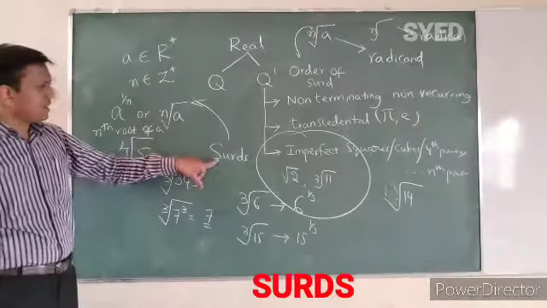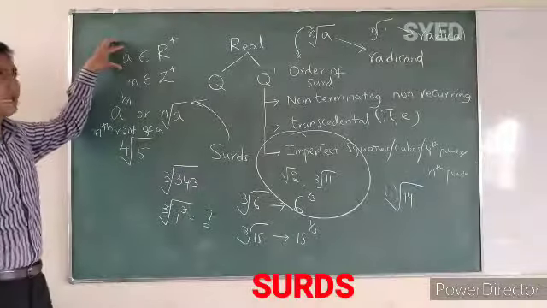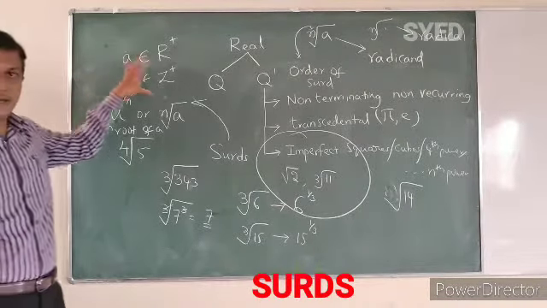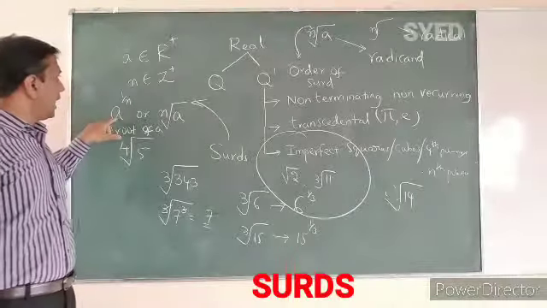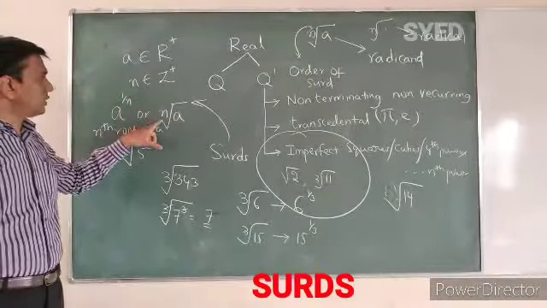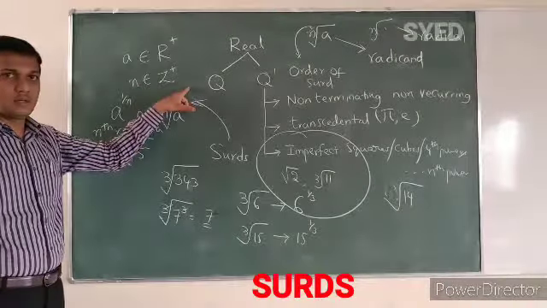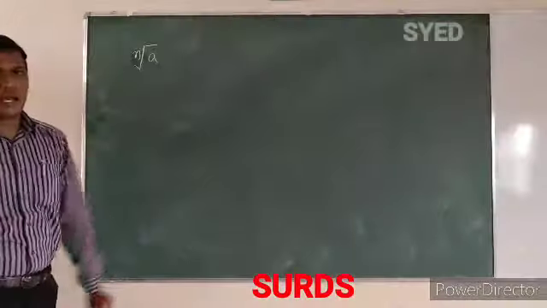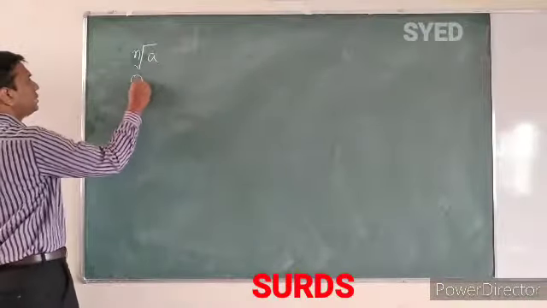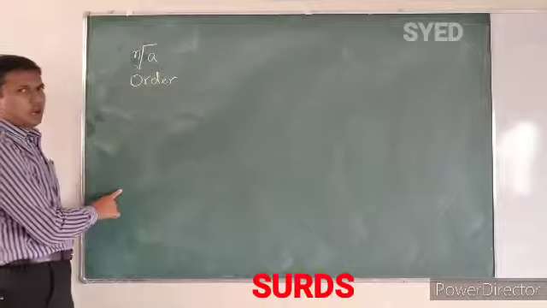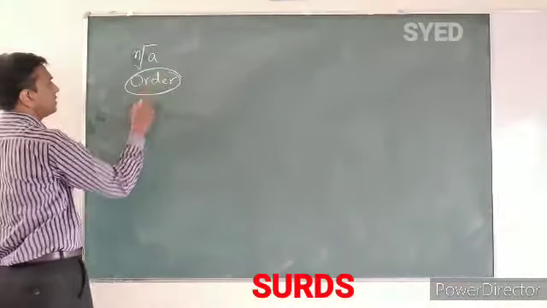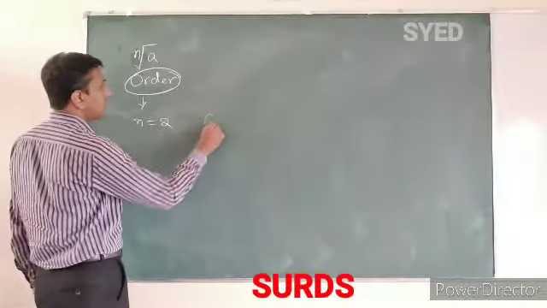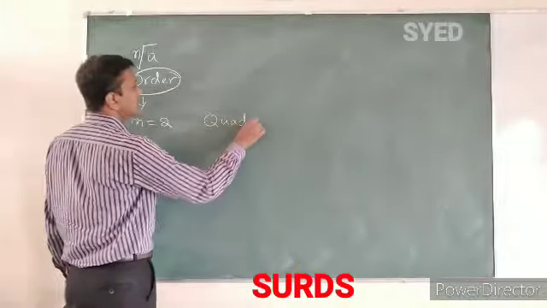Now what is a surd? If a is a positive real number and n is a positive integer, then a to the power of 1 by n, or nth root a, is a surd. Clear? In nth root a, if the order n is 2, it is called a quadratic surd.